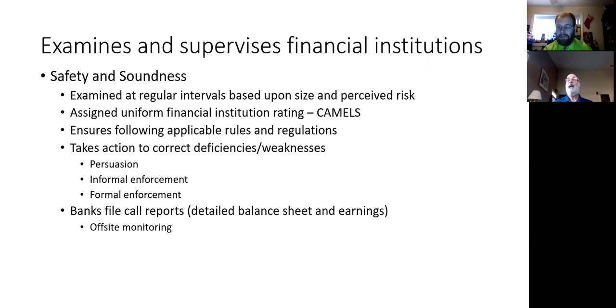And so if they're growing really fast, we might send an examiner in, or we might call the bank and say, hey, what's going on? We notice you're growing very fast. Are you maintaining your credit quality standards? Those type of things.